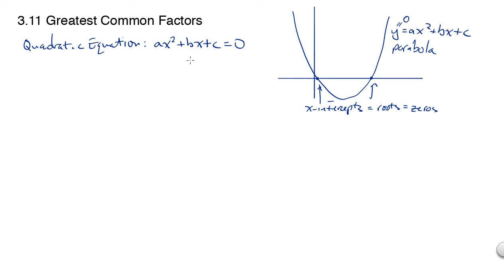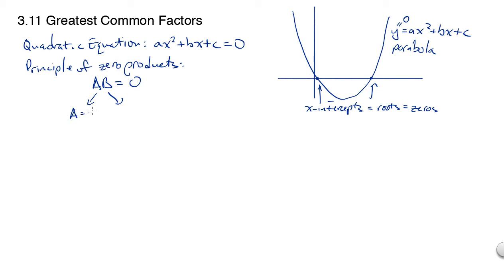Now, in order to solve this, we need a tool, and the tool we're going to use is this principle of zero products. It's not a fancy principle. The principle of zero products involves basically this idea that if you have two expressions that are multiplied by each other and they equal 0, what can you say about those two expressions?